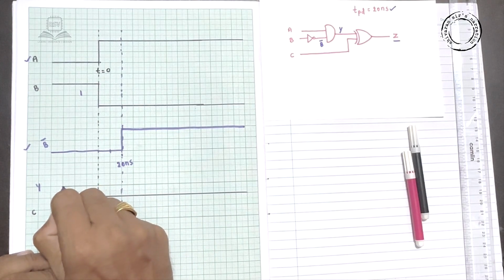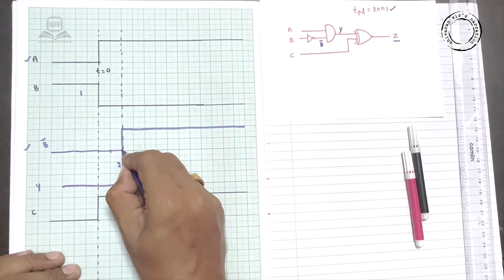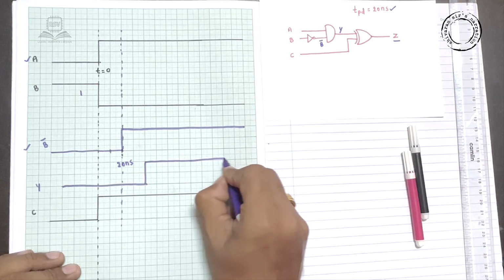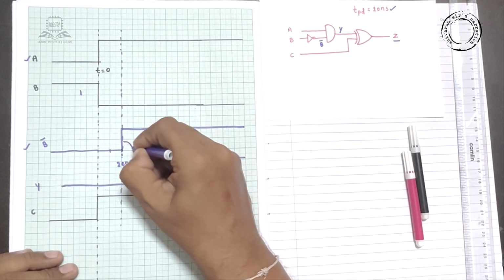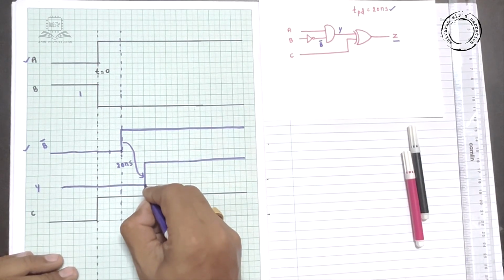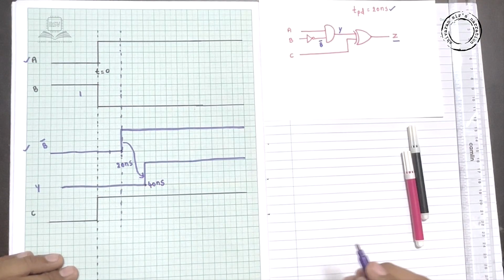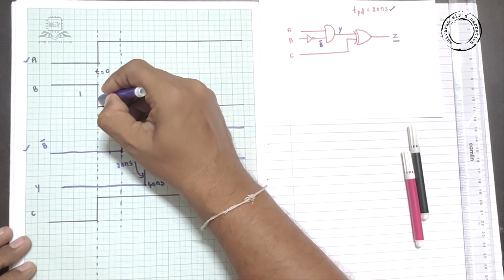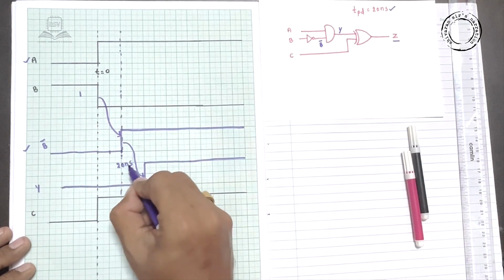Therefore, from here after 20 nanoseconds, it will be like this. So whatever change appeared here is going to replicate on the output Y after 20, then what will be the value here? Definitely 40 nanoseconds. Got it guys? Fine. Even the same you can replicate at B also. Here B has changed, but that appeared on the B bar after 20 nanoseconds.